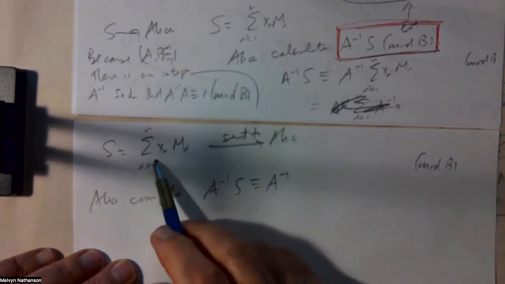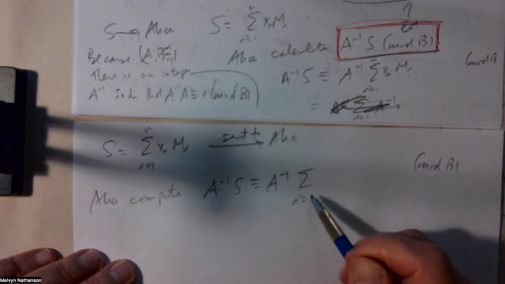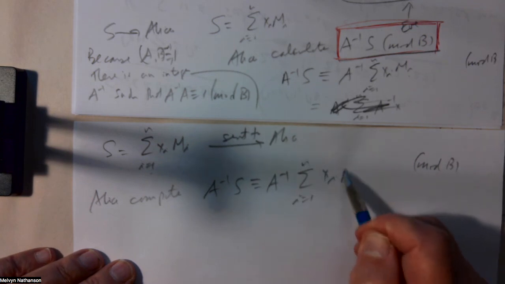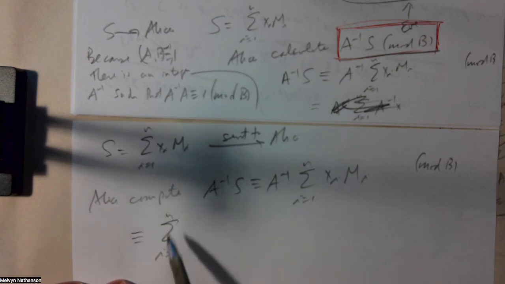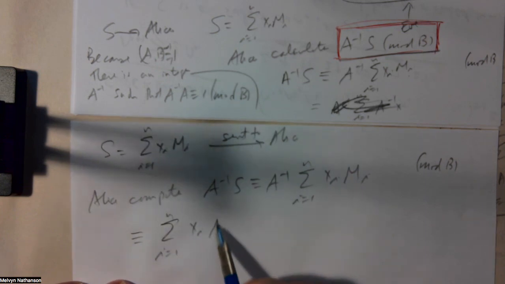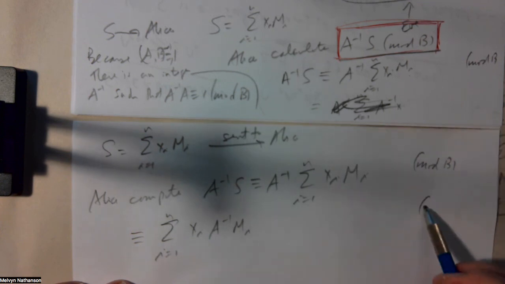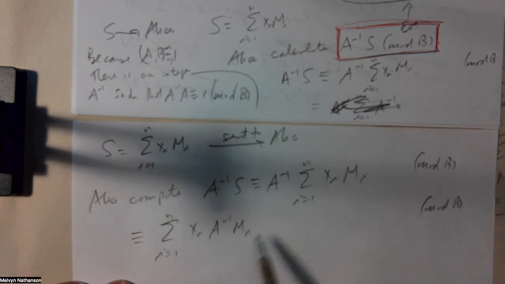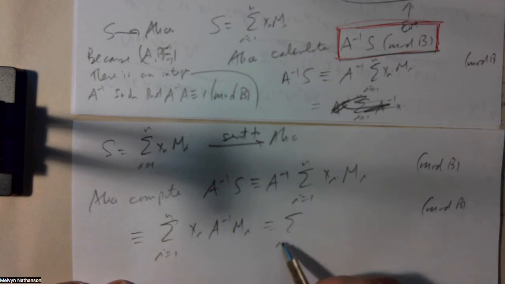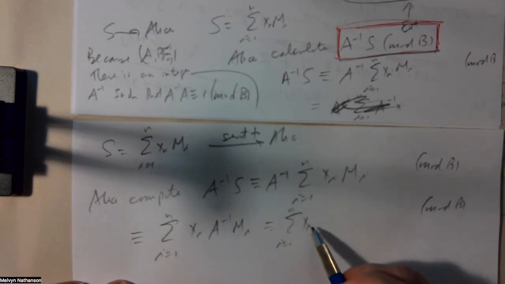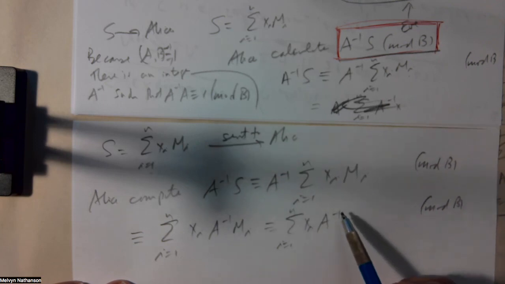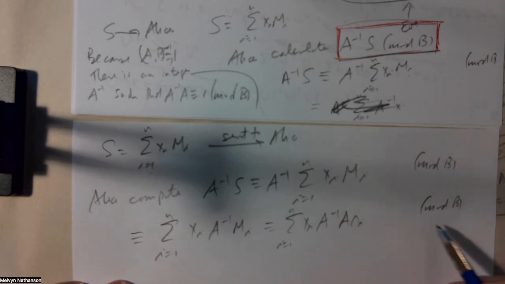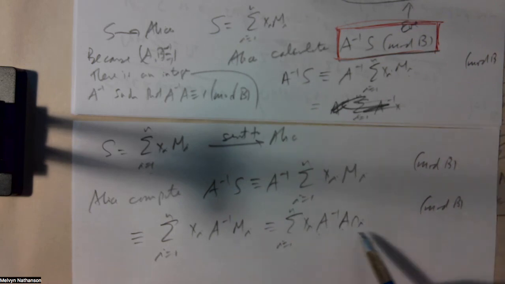This is A inverse times the summation I goes from 1 up to n, xi, m sub I. This is congruent to the summation I goes from 1 up to n, xi, A inverse m sub I. We're just doing everything mod B. This is the summation I goes from 1 to n, x sub I, A inverse, and m sub I was A R I mod B. And A inverse A is 1.